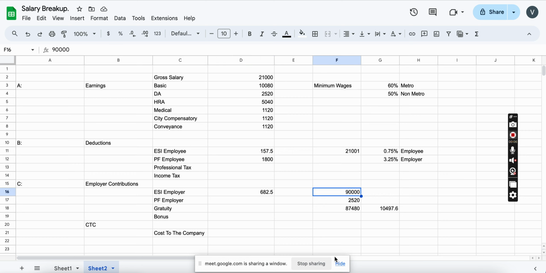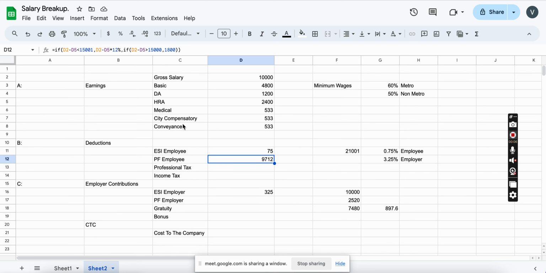But if the gross is, say, 10,000, it comes to 7,480, which is less than 15,000, so PF is actual 12%, which is 897. It is showing the actual 12%.